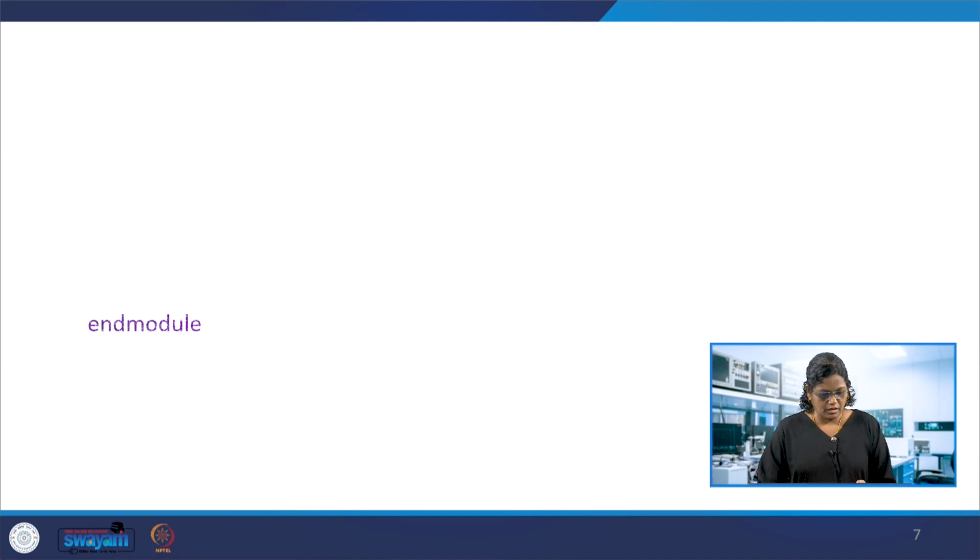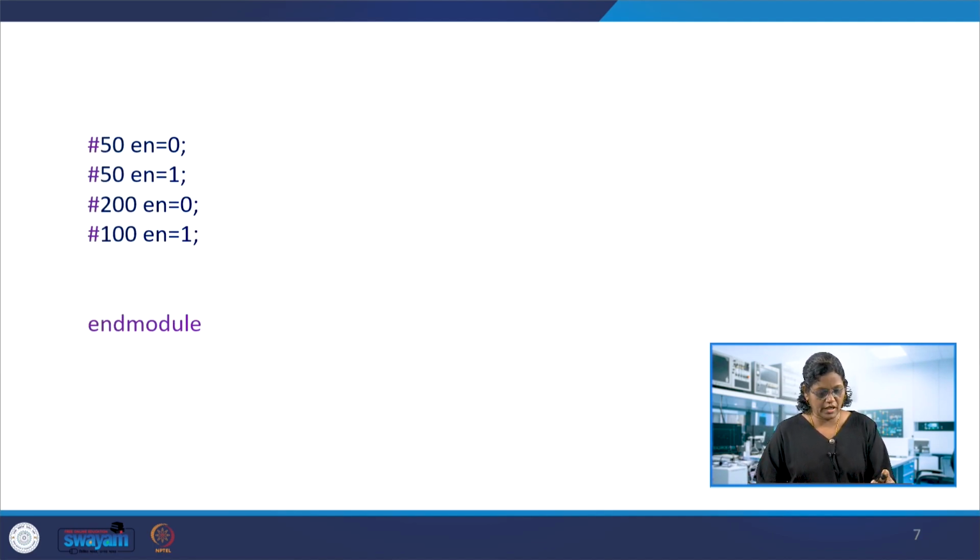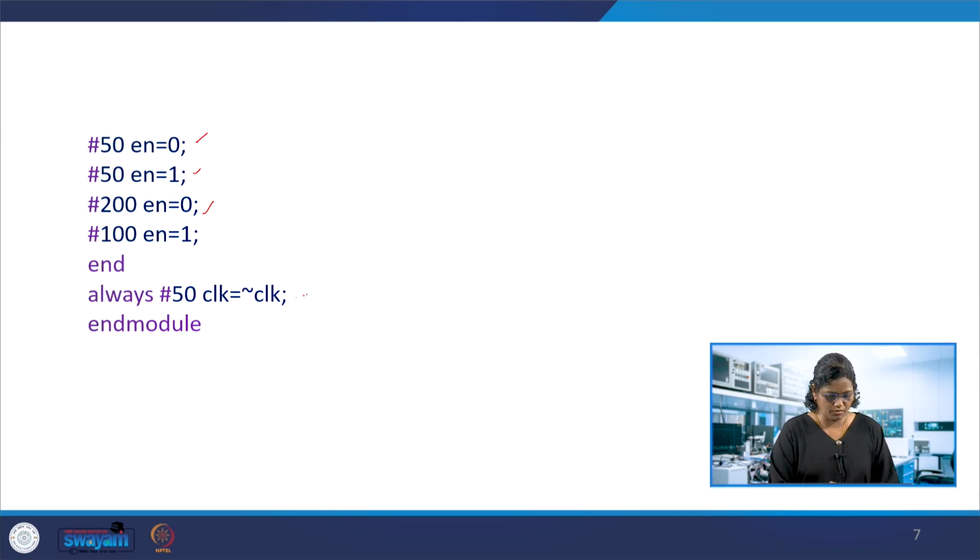In this case, see the #50 which is giving enable 0, and another time enable 1. After 200 nanoseconds, enable is made 0 and enable is made 1. So this is how the states are moving for this case, and then end. The stimulus is given in this fashion. Then we also generate the clock: #50 clock equal to not clock.